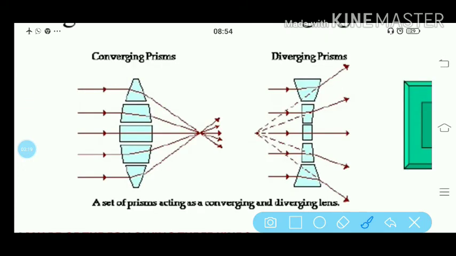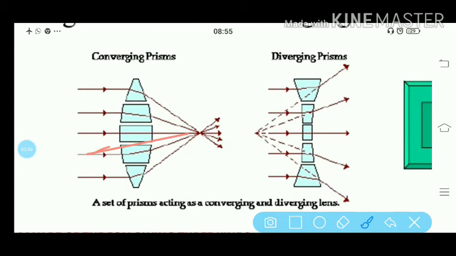Now, action of the lens as a set of prisms. We have just read about the refraction of light through a prism in the last chapter. Now, refraction of light through a lens can also be understood in a simple way by considering the lens as being a set of prisms. To make it simpler, the central part of the lens, as shown in the figure, is treated as a rectangular slab.